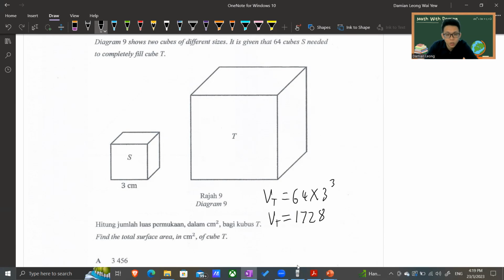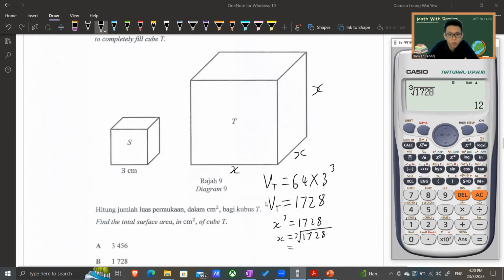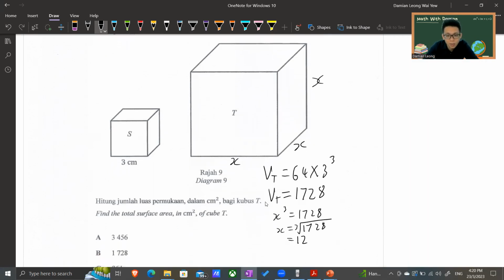So I want each of the sides. Let's put x. X cube is 1728. So each side I cube root the 1728. Okay, shift square root is cube root. 1728 is 12. So means each side is 12 cm.